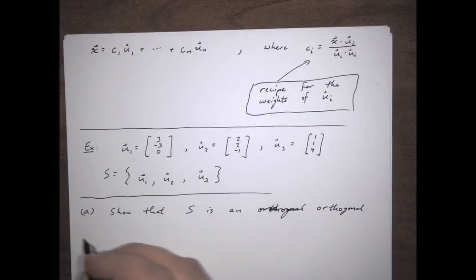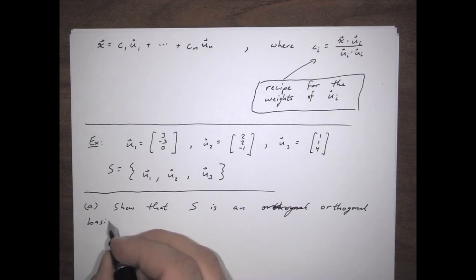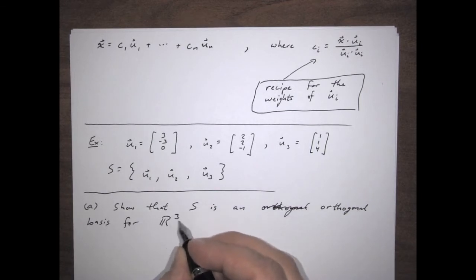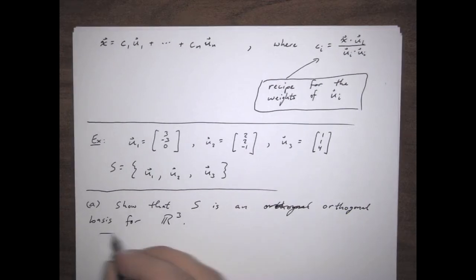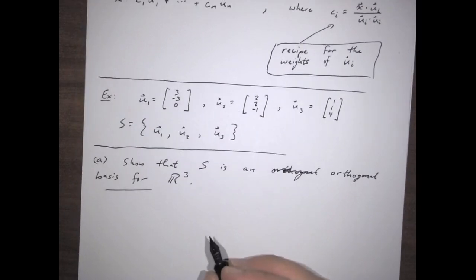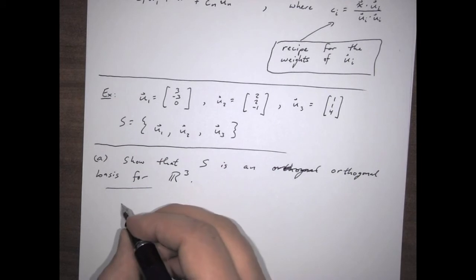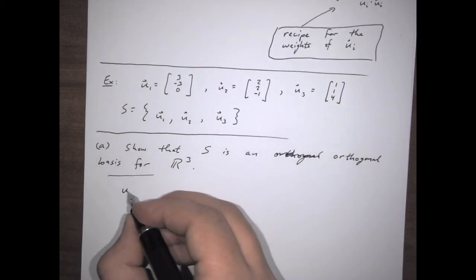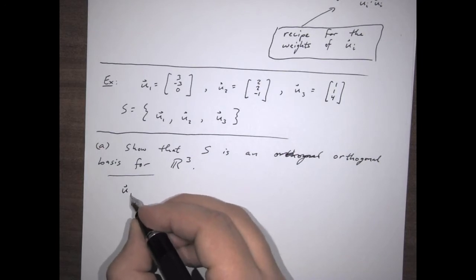Orthogonal basis for R3, so that'll be step 1, and in step 2 we'll be given another vector. So let's just focus on this first. Well, let's focus on the orthogonal to begin with.